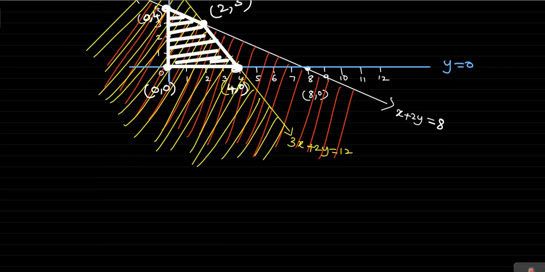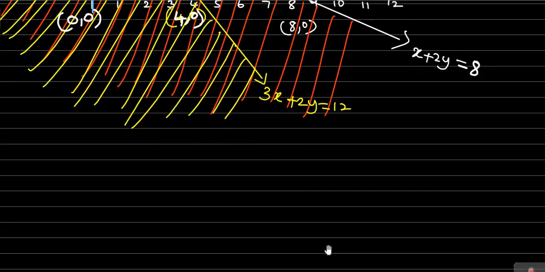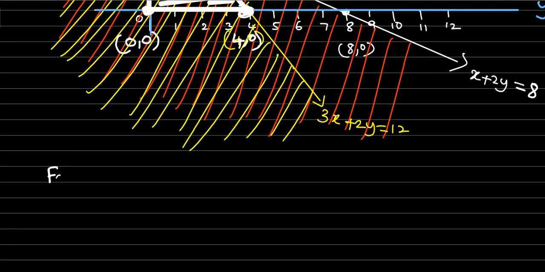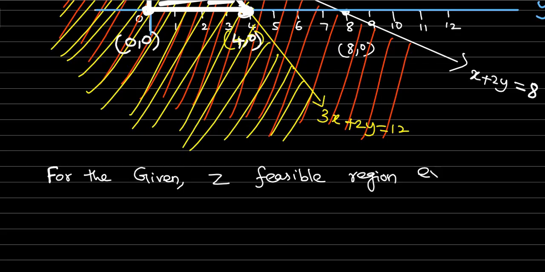Now let's write the solution for this. For the given Z, the feasible region exists. Shall we name it?